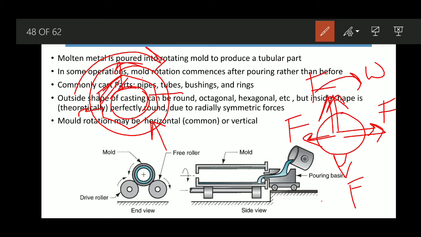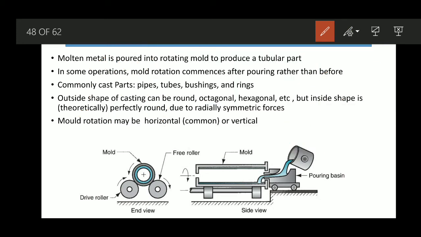The inside face will be kind of circular, and if sufficient time is there for cooling, it will solidify here and we are going to get this kind of casting. So the outside shape may be whatever, but the inside shape will be round due to the radially symmetric forces.